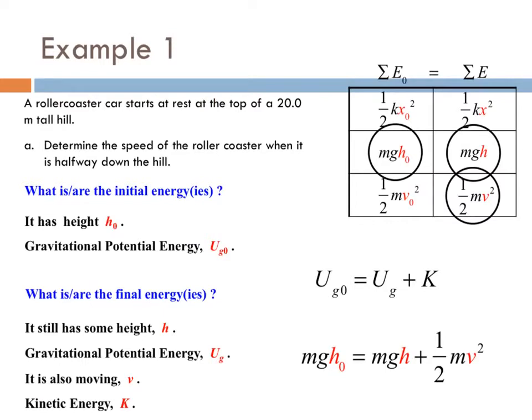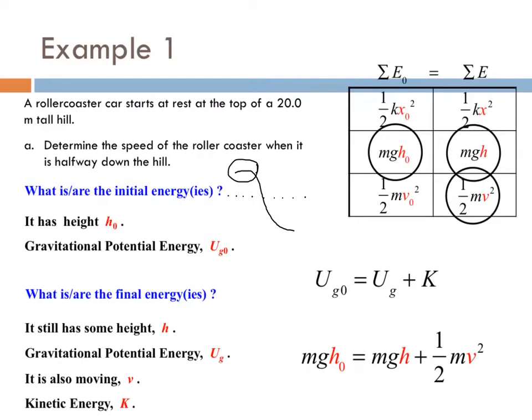So here we have a roller coaster starts at rest at the top of a 20-meter tall hill. Determine the speed of the roller coaster when it reaches halfway down the hill. So this is where we begin, and here in the middle is where we want to determine our energies.